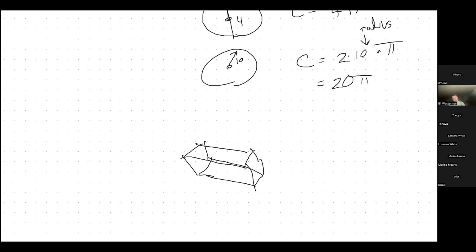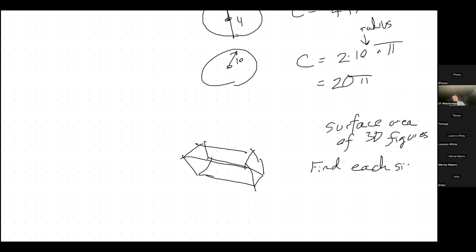When you want to know the surface area of 3D figures, you need to find each side's surface area and then you add them up.